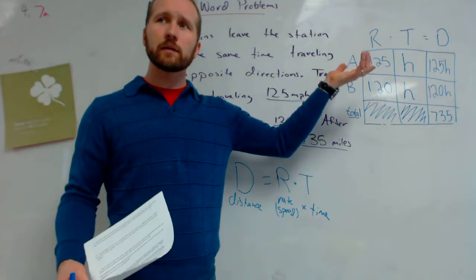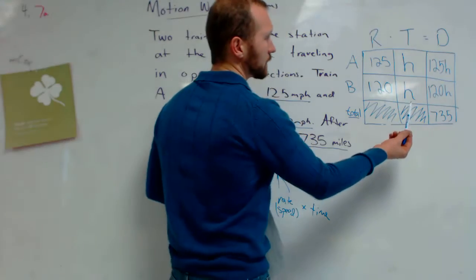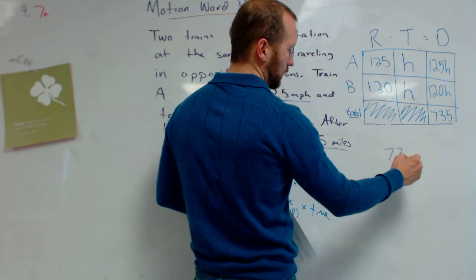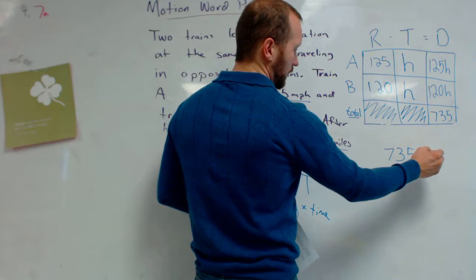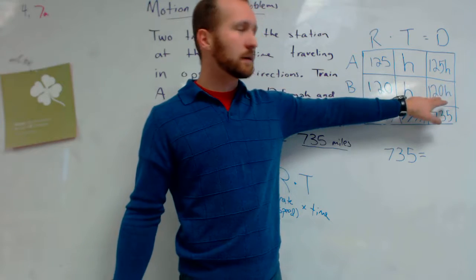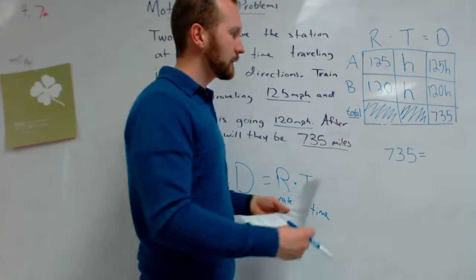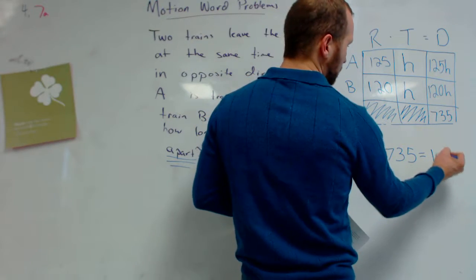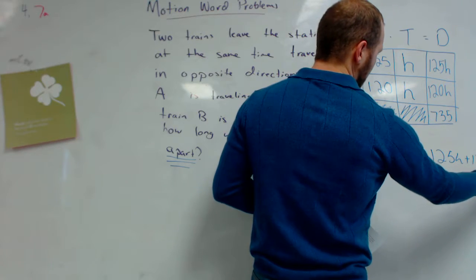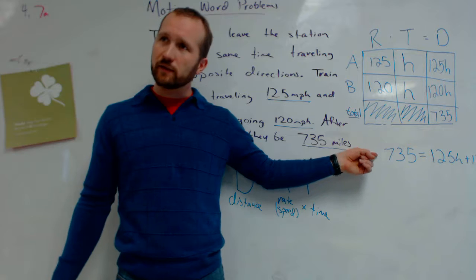So now the key is to recognize that the total distance, right, 735, is equal to the distance of train A plus the distance of train B. So 735 is equal to 125h plus 120h. And now we actually have an equation that we can solve.